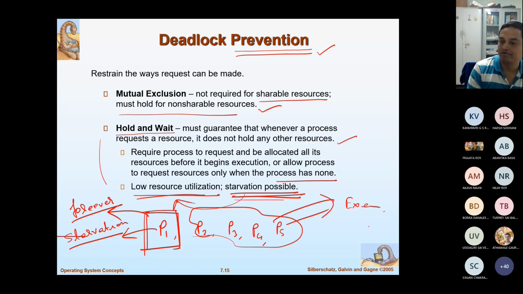P1 will wait forever for those resources. Okay? Yes sir. Okay, so in one way you can prevent the system from coming into deadlock. On the other hand, you are incurring a starvation situation.